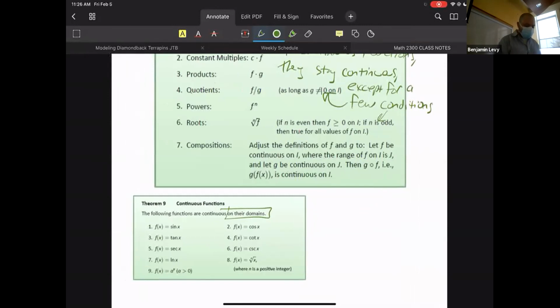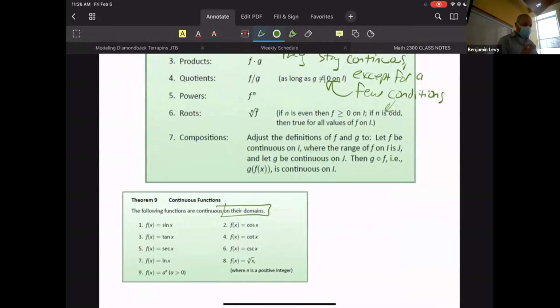One thing that I've already mentioned that you should definitely keep in mind is that all polynomials are continuous everywhere. And when someone says continuous everywhere, that means on minus infinity to infinity.